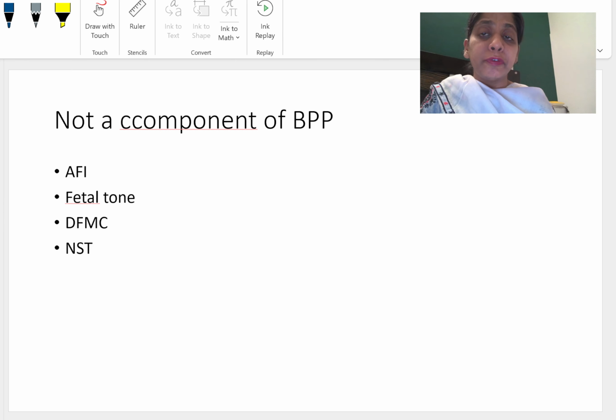Not a component of biophysical profile. This is the easiest question and easiest to remember. See, the biophysical profile is also known as Manning score. A question can come with another name, Manning score, so you should know that it is the Manning score. It contains 5 components. Sometimes you want a mnemonic, but I think in this Manning score you don't want any mnemonic.